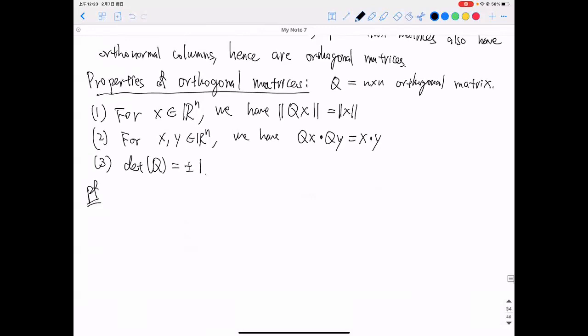Proof. Okay, so how do we prove this? 1 and 2 are in fact the same thing. So let's prove 2 first. Qx dot Qy, we want to compute Qx dot Qy, and we know what that is. It's the Qx transpose matrix multiplied with Qy.